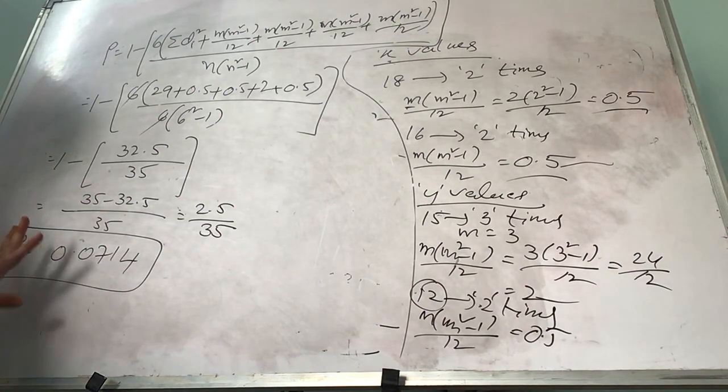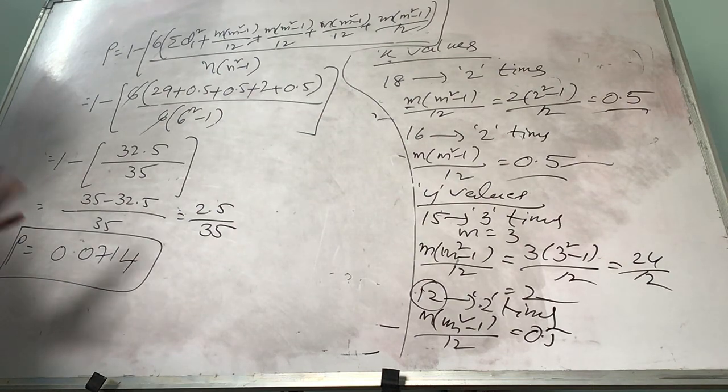Rank correlation coefficient was developed by Spearman. That's why it is also known as Spearman's rank correlation coefficient. In case of different observations, it is given by rho equal to 1 minus 6 into summation of di square by n into n square minus 1.